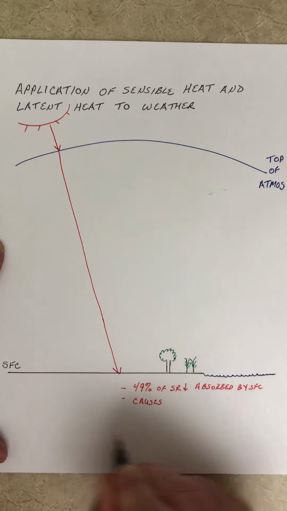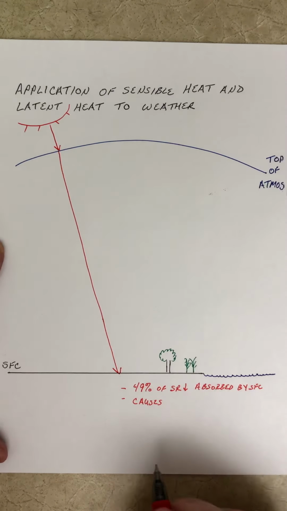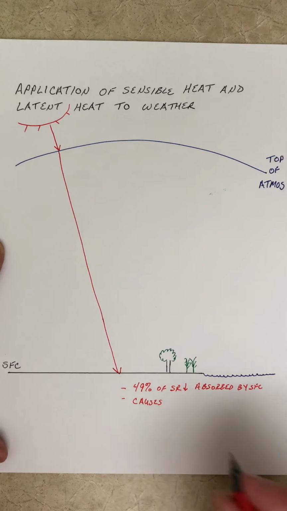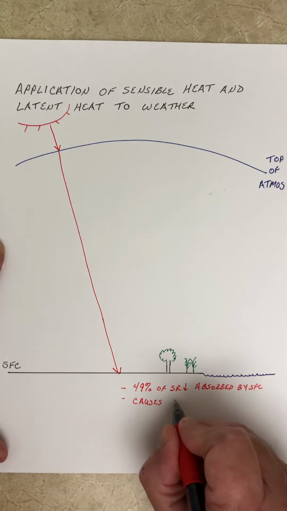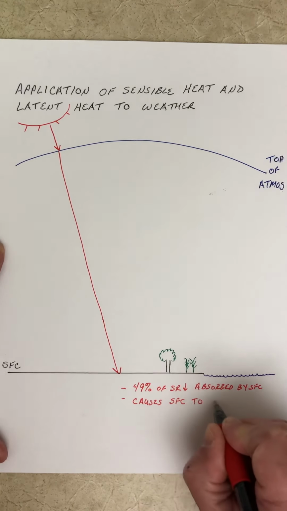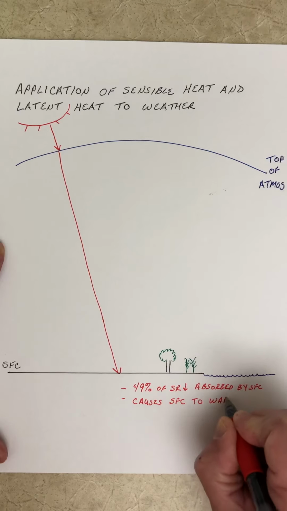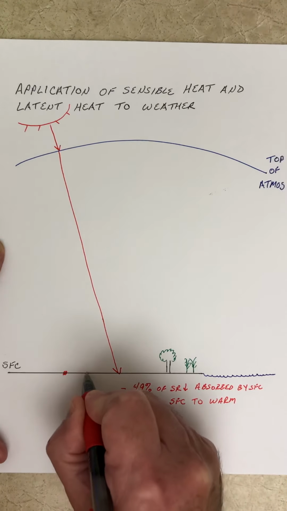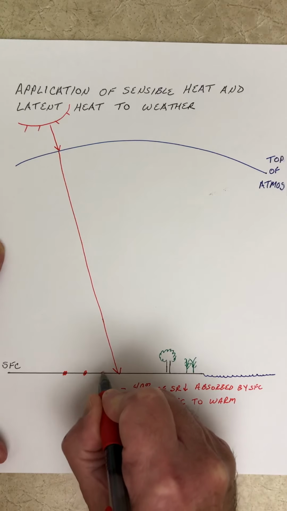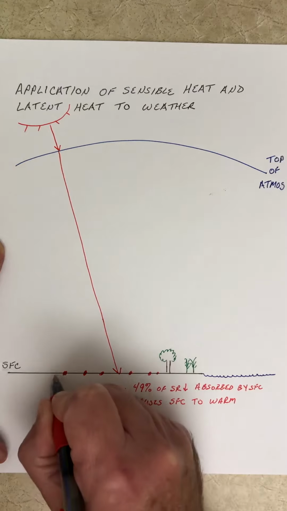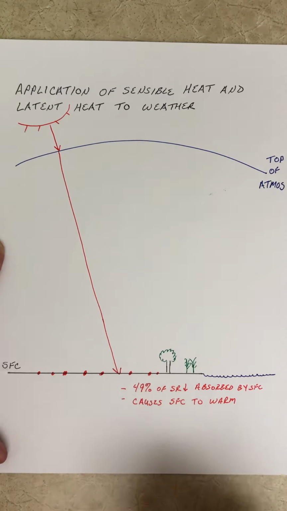Whenever any object, the Earth's surface, absorbs any form of radiation, ultraviolet, visible, or infrared, the object is going to warm up. So this is going to cause the surface to heat up. We'll represent that, as we've done before, with little red dots to represent heat energy being absorbed by the Earth's surface. So there's our red dots.